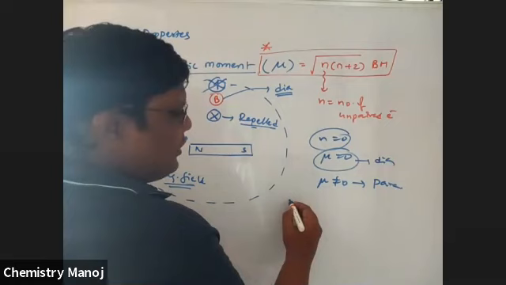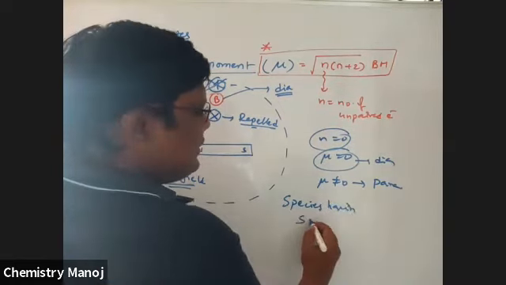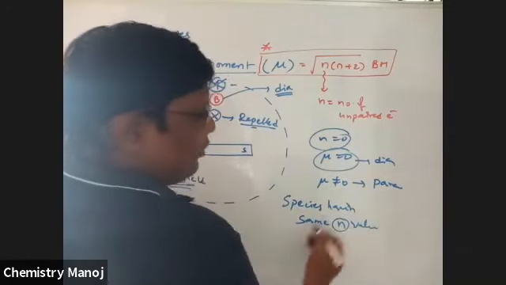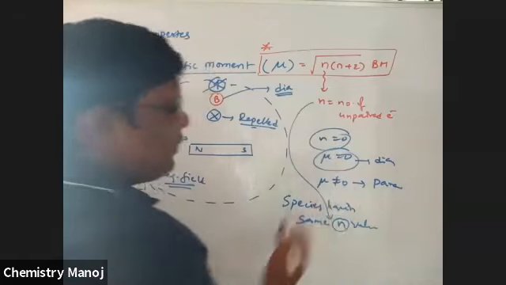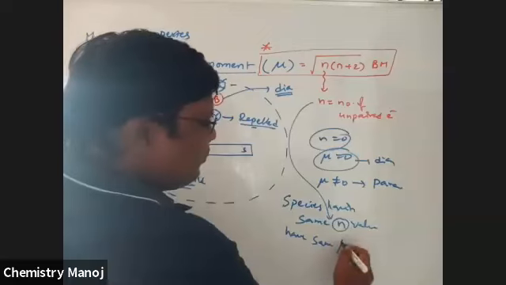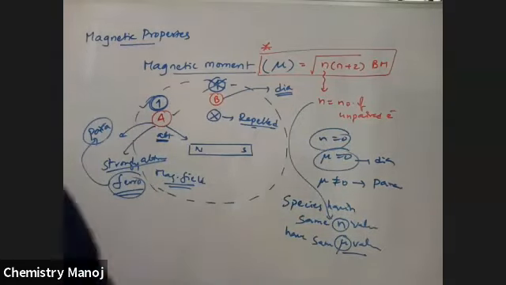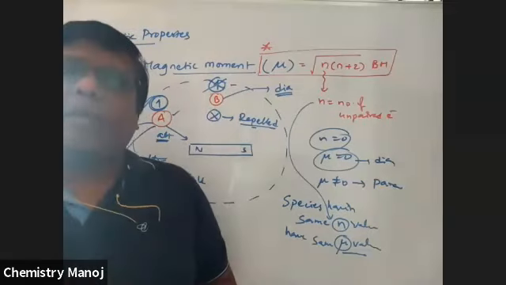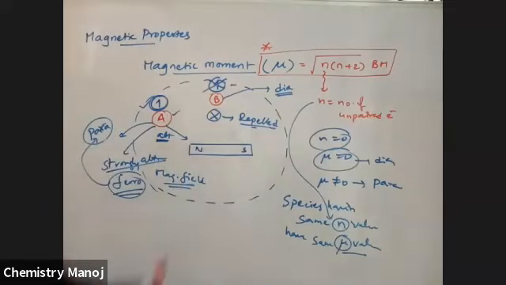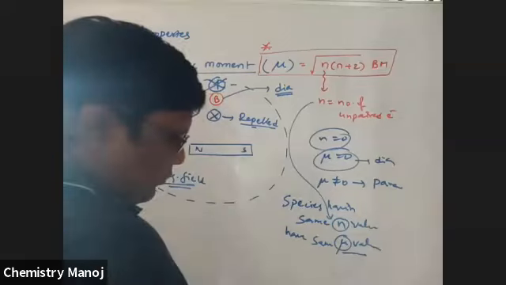That means species having the same n value, meaning the same number of unpaired electrons, have the same mu value, that means the same magnetic moment. So species having the same n value have the same magnetic moment. So these are very, very important. Now I am going to explain this concept with the help of some problems. See here.